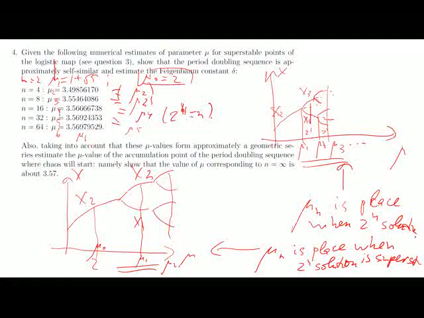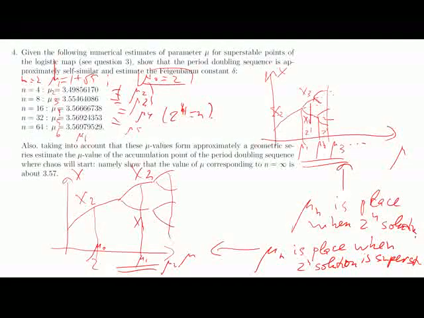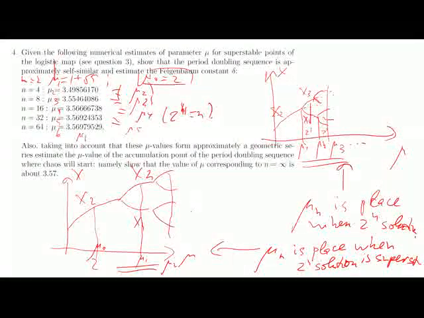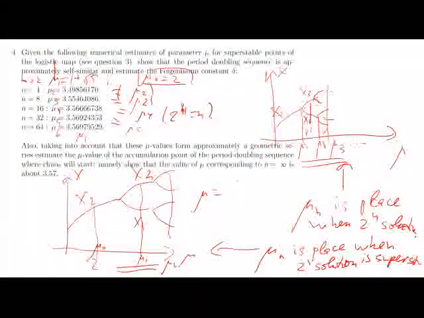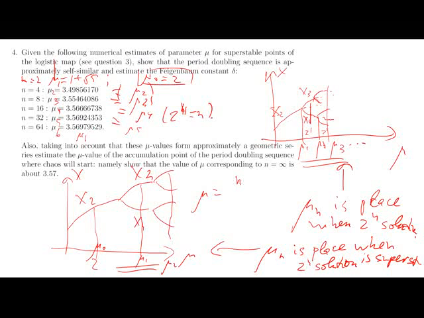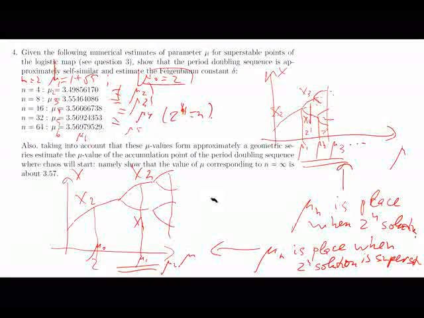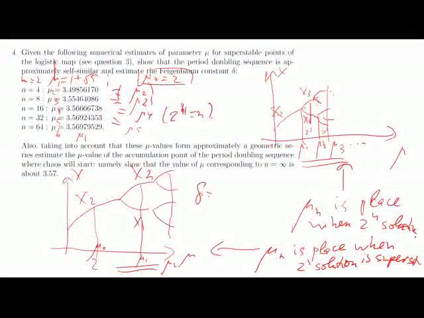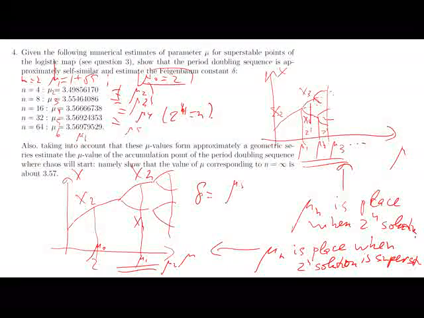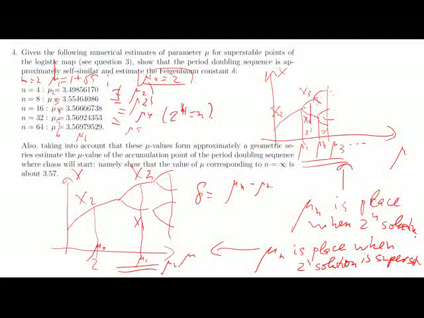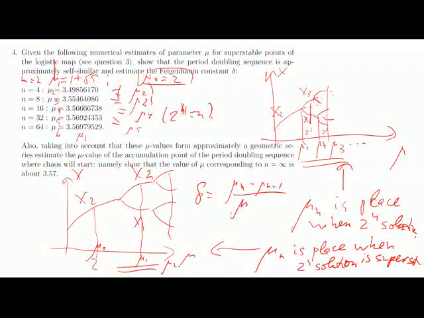And now what you need is to check, using the definition, delta, the first Feigenbaum constant, is mu n minus mu n minus 1 over mu n plus 1 minus mu n.